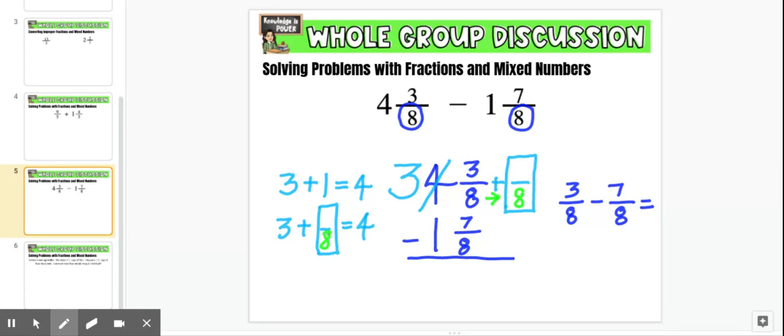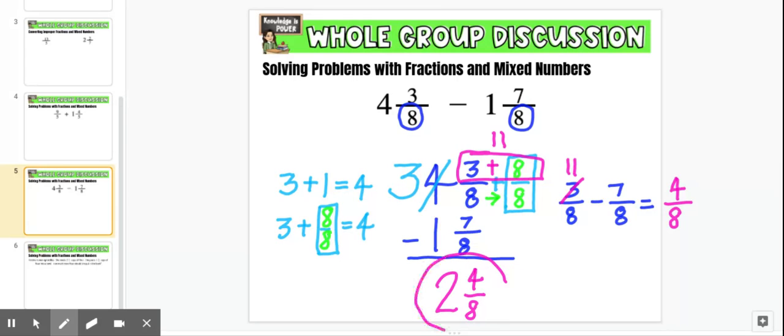So if my denominator is 8, my numerator needs to be 8 as well. So I'm going to add 3 plus 8 to give you 11. This becomes 11. 11 minus 7 is 4/8. So you get 4/8 here. 3 minus 1 is 2. And that is your answer.